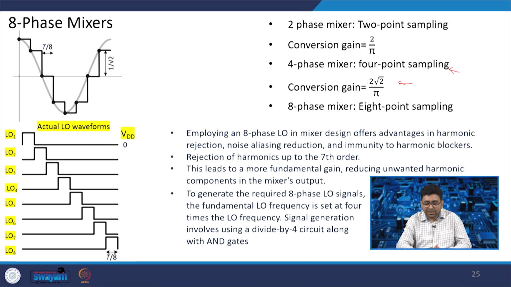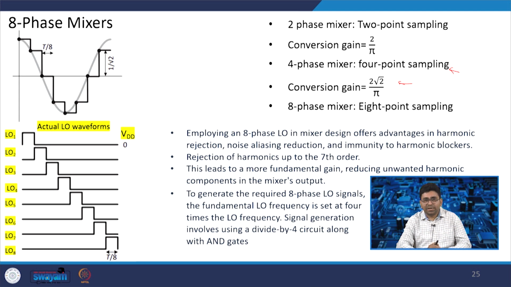To generate the required 8 phase LO signal, the fundamental LO frequency is set at 4 times the LO frequency, and signal generation involves using a divide by 4 circuit along with AND gates. So, again your power consumption in LO generation is increasing, you are going to use a higher frequency compared to what you require. That is one of the disadvantages of the circuitry.